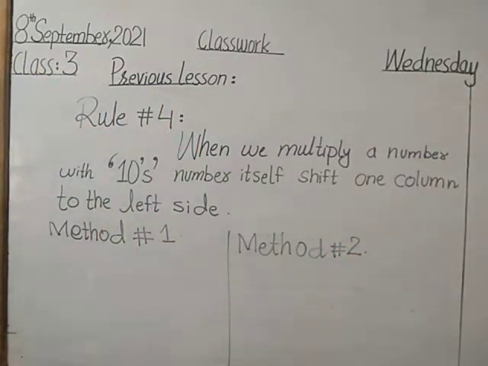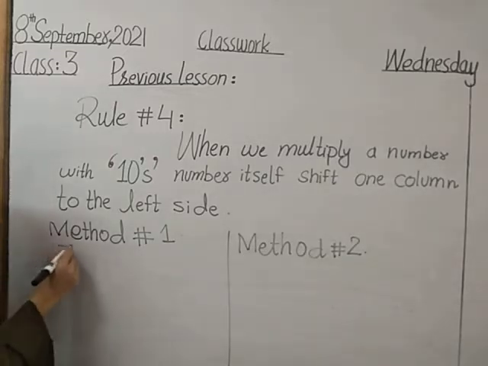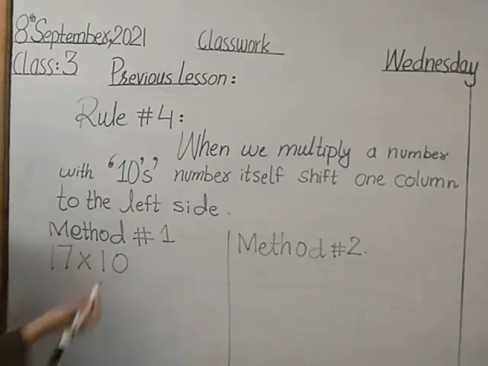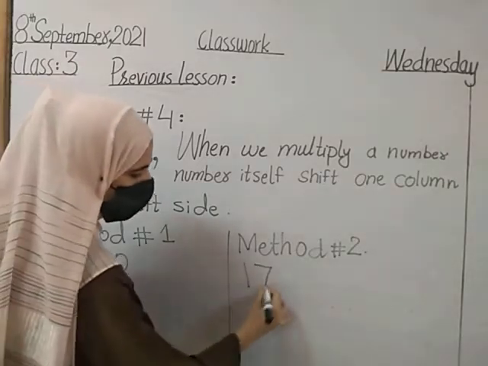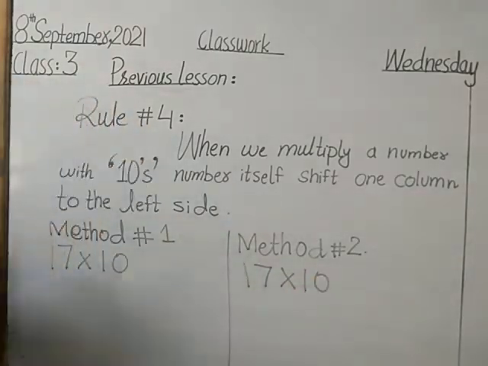Method number 1 is multiply 17 with 0, and method number 2 is the same, multiply 17 with 0. So what is method number 1? Umar, you tell me. Write the place value of each digit, in method number 1 and in method number 2.